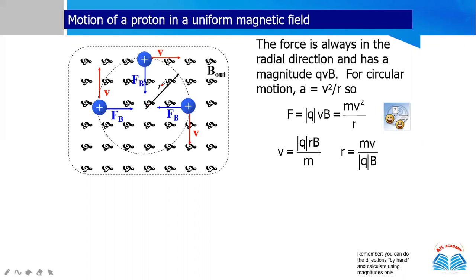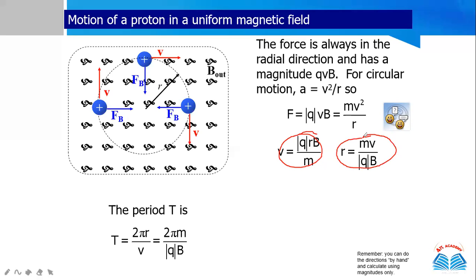That means all those are centripetal forces. For centripetal forces, from Newtonian mechanics, you can use the formula mv square over r. So F equals qvB, which equals mv square over r. From here I can find the velocity of the proton, how much velocity they can gain, or the radius of that conventional circle where they are moving.